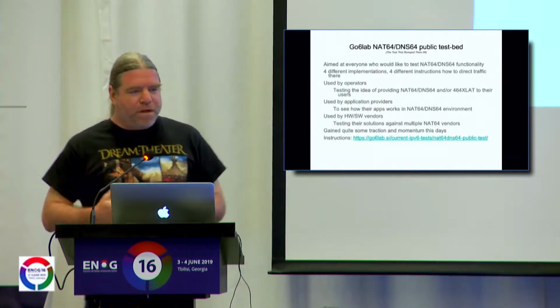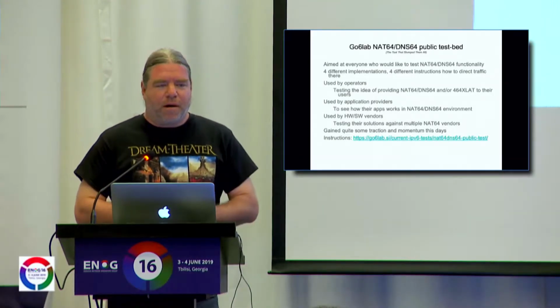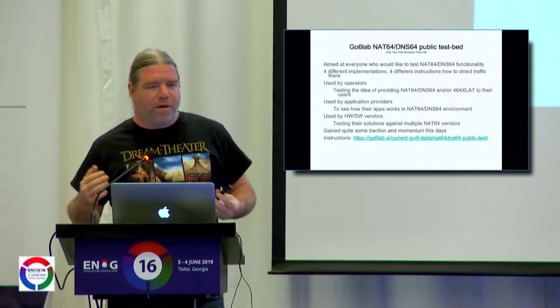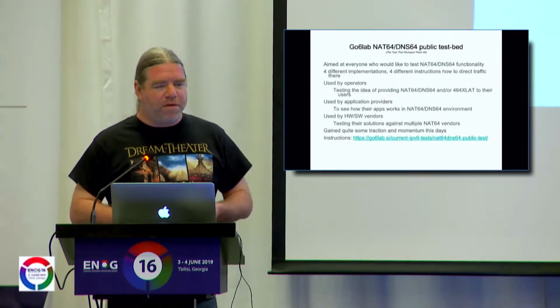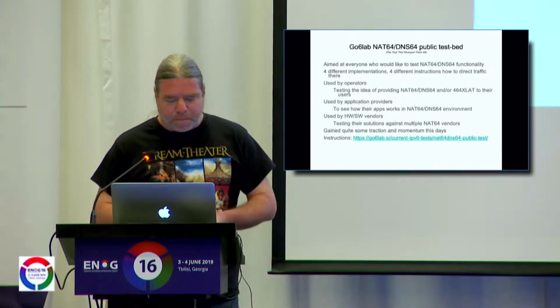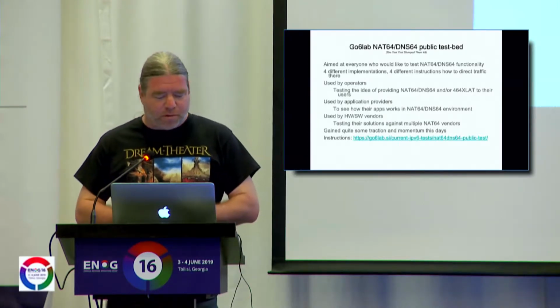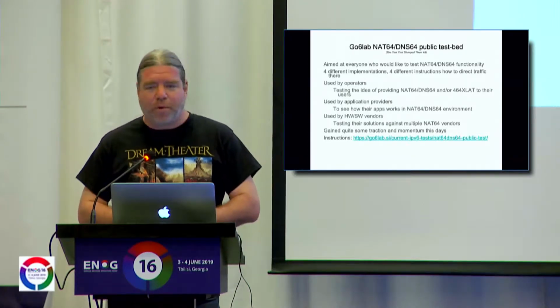Okay, so I'm still running the Go6 lab back home. These are 3 racks of equipment. And we decided to install NAT64 implementations and make them open for everybody in the world on IPv6 to test. 4 different implementations, 4 different instructions on how to direct traffic there. It's used by operators that want to test remotely.